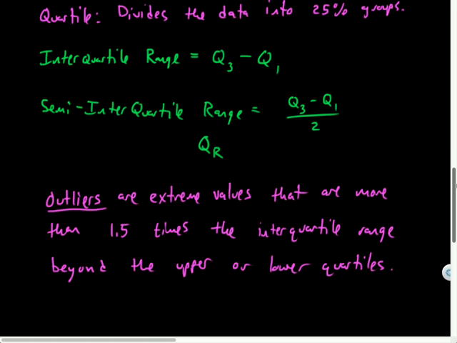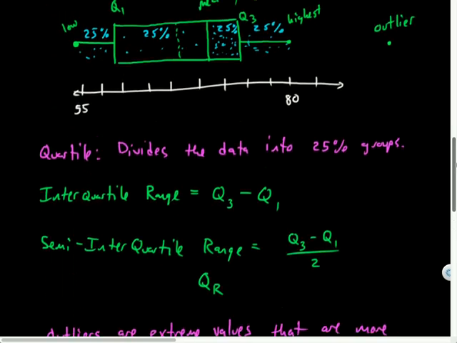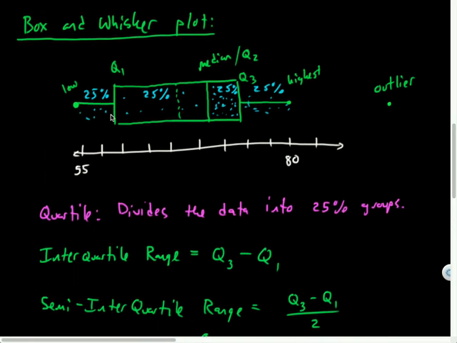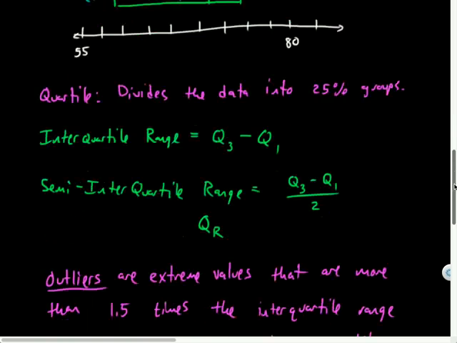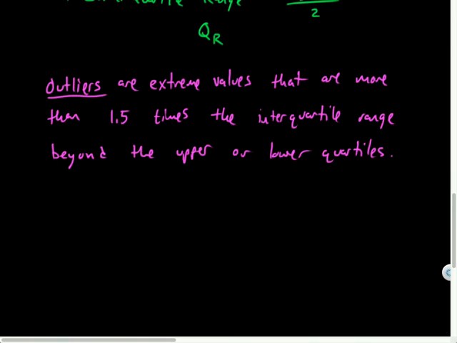So for this problem, with this little visual that I have, let's say my Q1 exists at, I don't know, maybe it's like 63 or something like that. And let's say Q3 exists at 72. Let's just do an example.